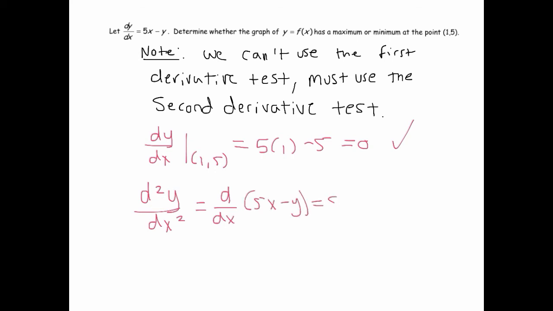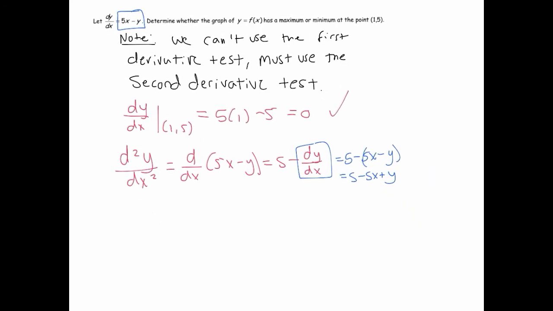So that equals 5 minus 1 times dy dx, because we need to use implicit differentiation. But dy dx is the same as 5x minus y, so this is just 5 minus (5x minus y), which is equal to 5 minus 5x plus y.